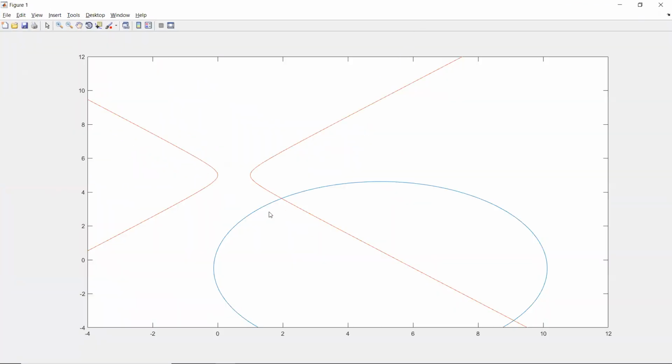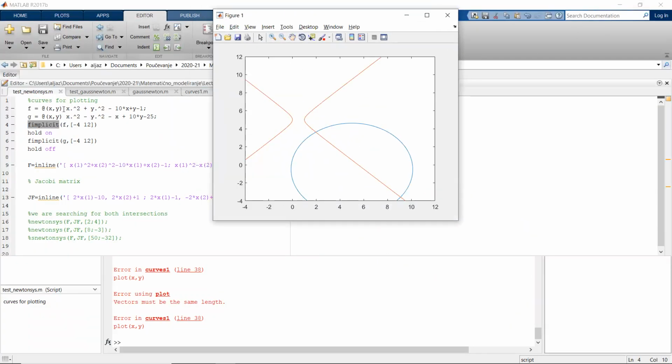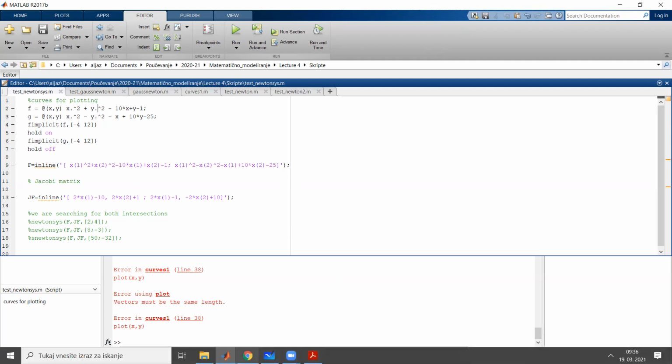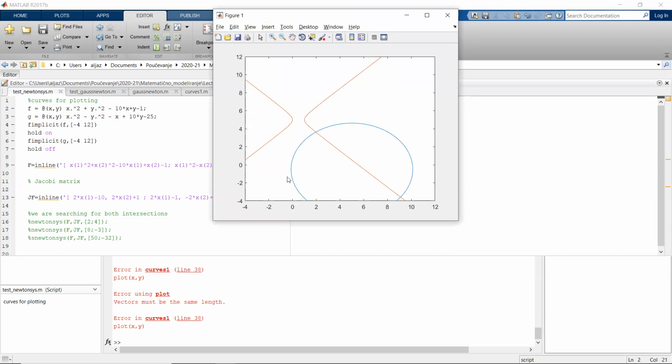And what we get is this blue curve and this red one. If we transform the first one, then we get just the equation of a circle: x minus 5 squared plus y plus 1/2 squared plus something. So the graph of f is this blue one.